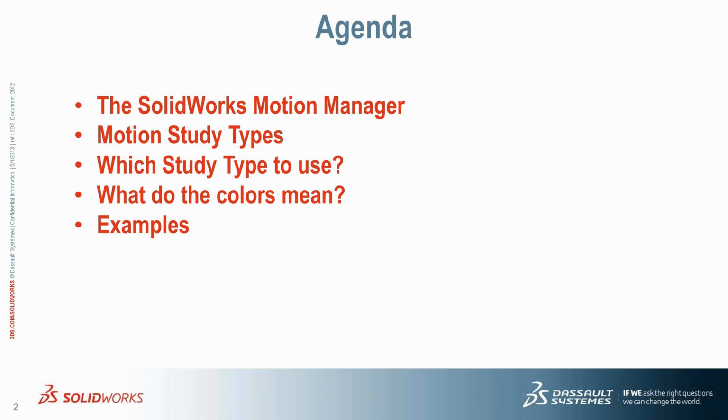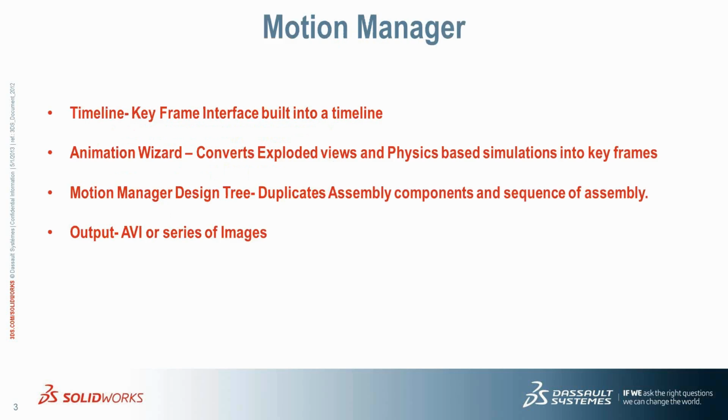Then talk about what the colors mean within the software. That's important to understand because this portion of the software relies a lot on colors for an understanding of what's really going on once you set these things up. And then we're going to go through 6 or 7 examples illustrating how we animate a bunch of things within the software. The first topic we need to get out of the way is the Motion Manager.